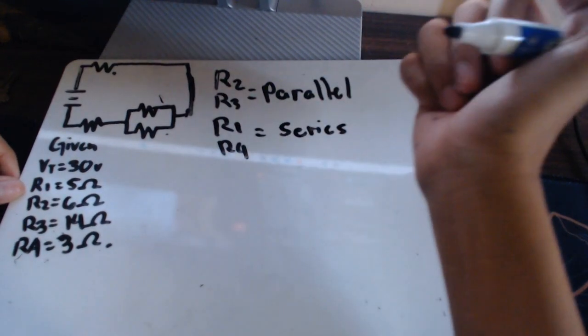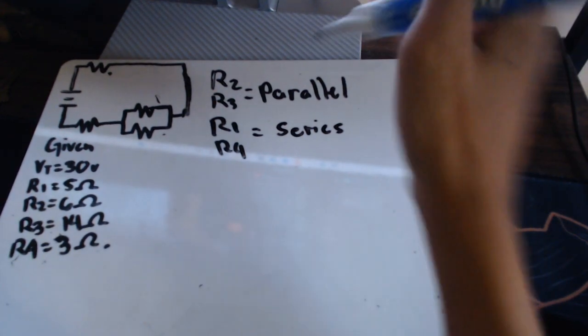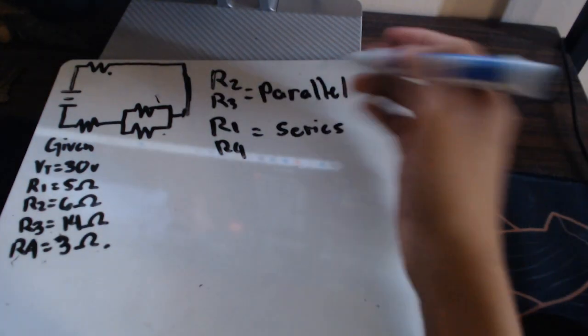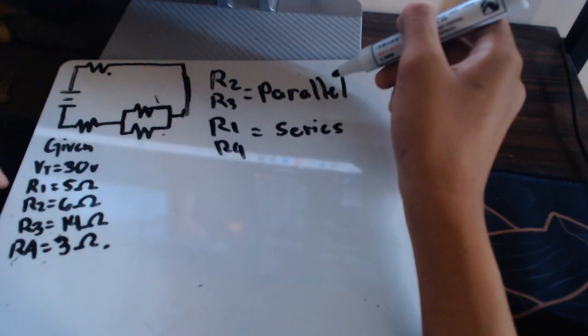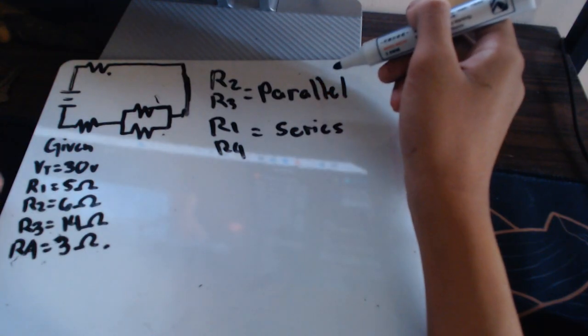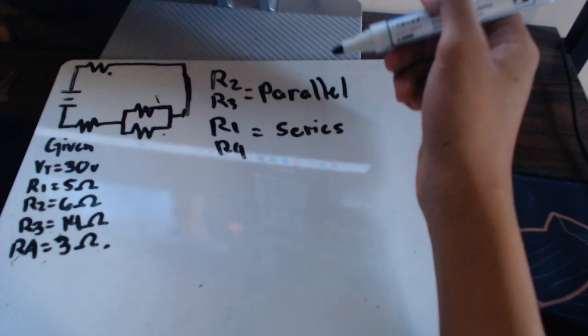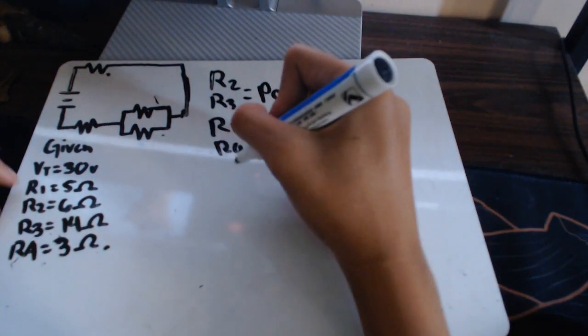Now we're breaking that into simple steps. Now let's find the first one, R2 and R3. Since in the rules we tackled the formula for finding the R total if there are only two branches, this is the formula.